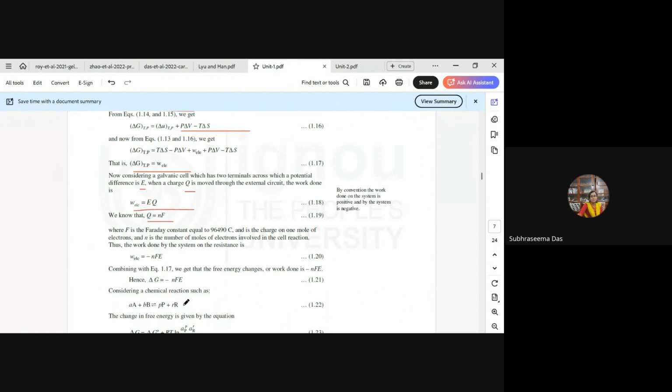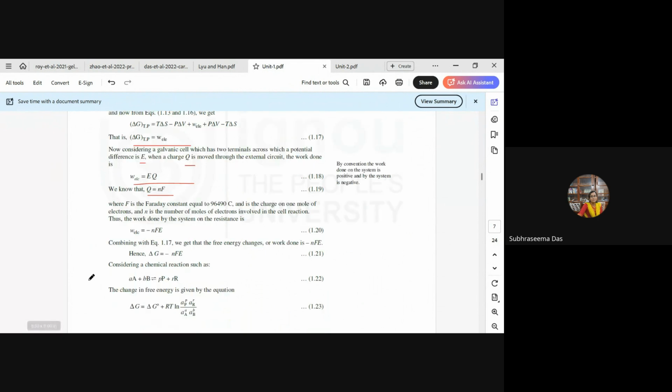Then we combine both these equations and we see that delta G is equal to minus nFE. This is another important observation.